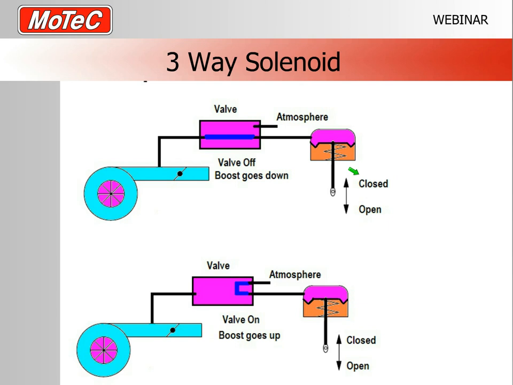If you are using an integral wastegate such as the one we've been looking at, when the valve is on, just the same as a manual tap, the boost wastes away and the boost goes up. So the air gets bled out of the system and the boost lifts. When the valve is closed, then the pressure goes straight to the actuator and opens the wastegate at the same pressure as the spring. So the boost would go down.